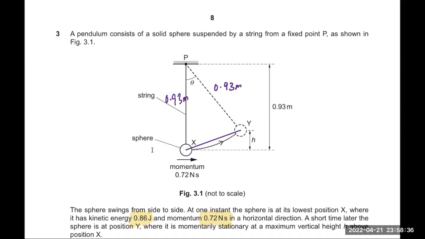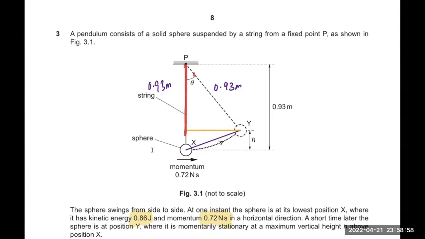There's trigonometry involved here. If somehow I could form a right angle triangle out of this, that would help me get an answer. How do I form a right angle triangle? This is how I can do it.